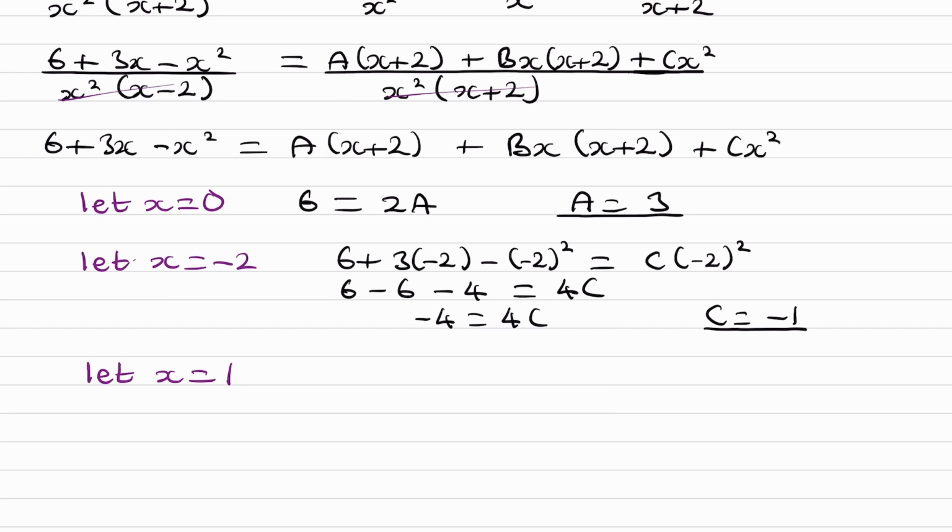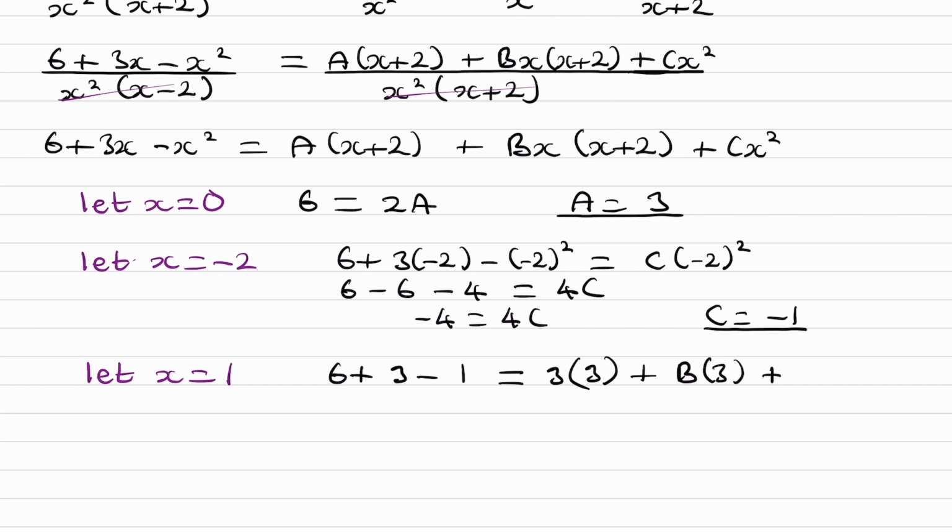So x is 1. The left-hand side becomes 6 plus 3 times 1 minus 1 squared. And that will be equal to a, which is 3, remember, multiplied by 1 plus 2, and then plus b, multiplied by x, which is 1, and then multiplied by 1 plus 2, which is 3.